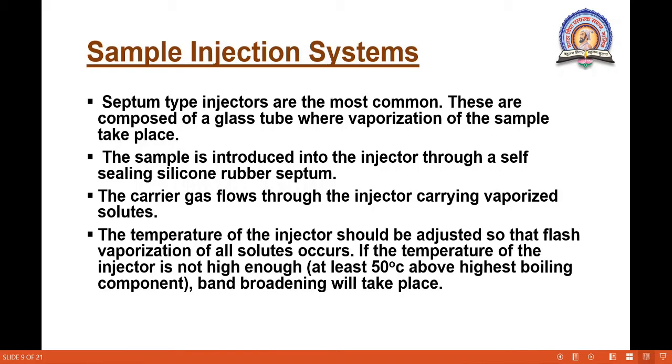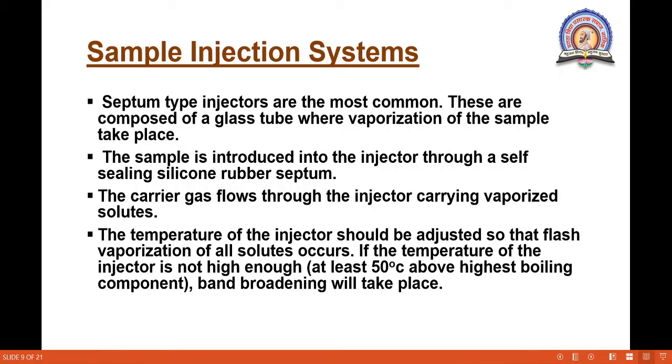The temperature of the injector should be adjusted so that flash vaporization of all solute occurs. That means whatever sample is introduced, the temperature is maintained so that vaporization of the sample takes place.